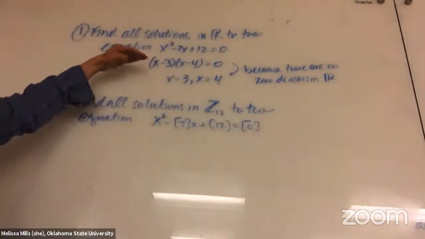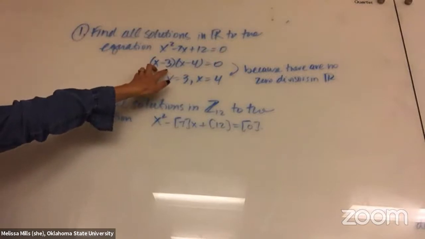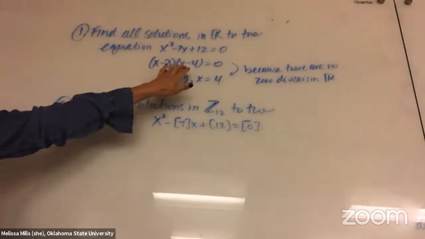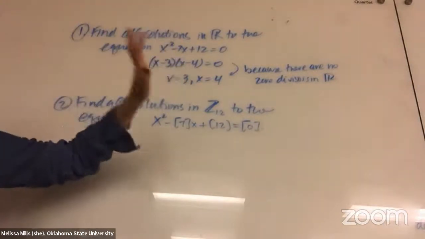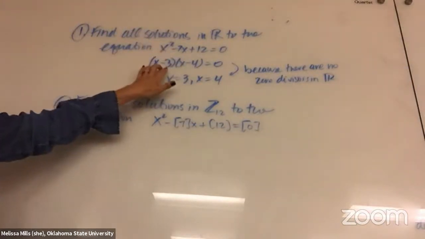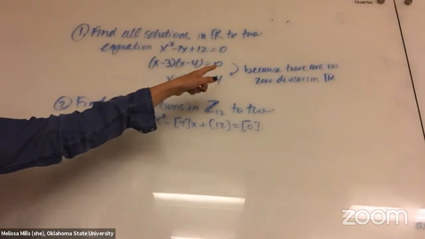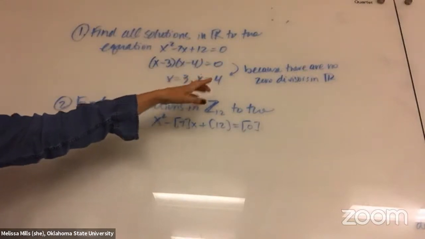So I can say the only way this works is if x minus 3 is equal to 0 or x minus 4 is equal to 0. That's our only option, because there's no way I can multiply two non-zero things and get 0 in the real numbers. There are no zero divisors in that ring.